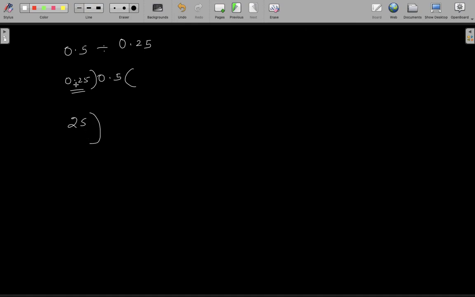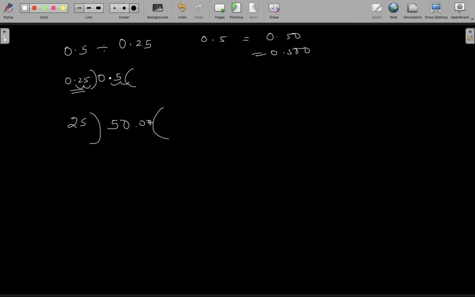That means I have to shift this decimal point two positions to the right. Here I have 0.5. 0.5 is the same as 0.50. This is the same as 0.500, isn't it? Now if I shift the decimal point two positions to the right, it must become 50, isn't it? 50.000, which means it is just 50.